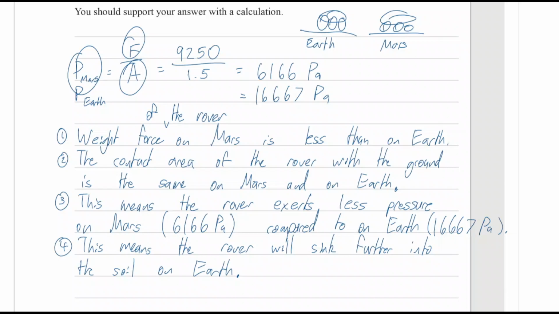So the weight force was less on Mars than on Earth. However, the contact area was the same, but this still meant that the pressure on Mars was less than on Earth, meaning the rover will sink further into the soil on Earth, right? Or less into the soil on Mars.